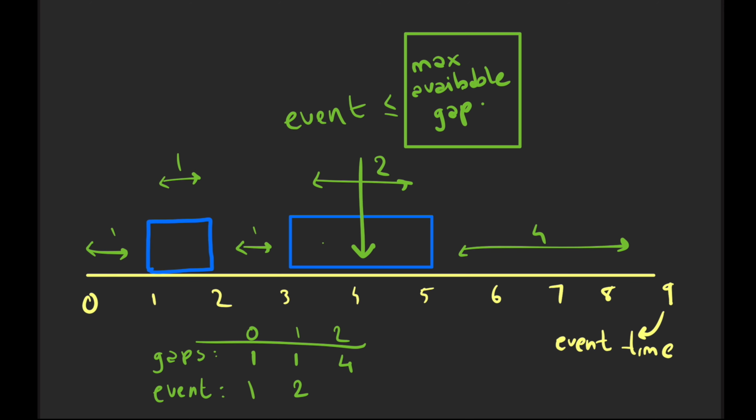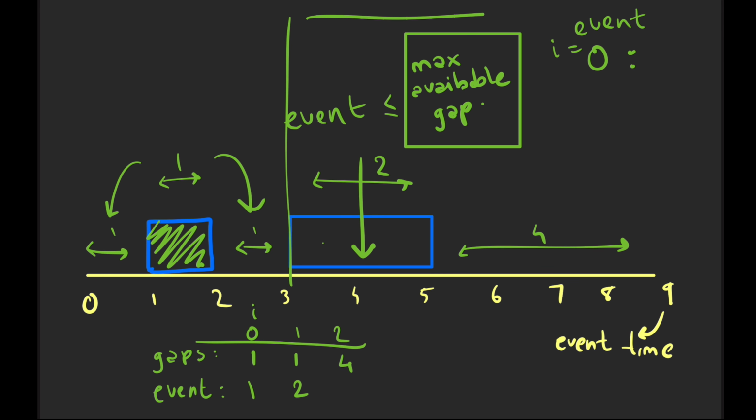So let's say for the event which is present at index 0, the maximum available gap for this particular index would not be its neighborhood gaps, but all the gaps which are after its neighborhood or before its neighborhood, right?